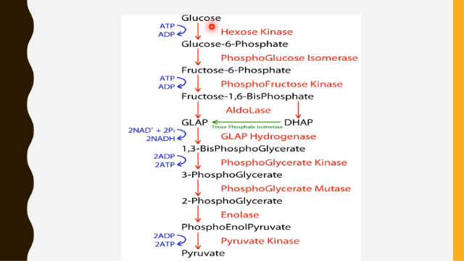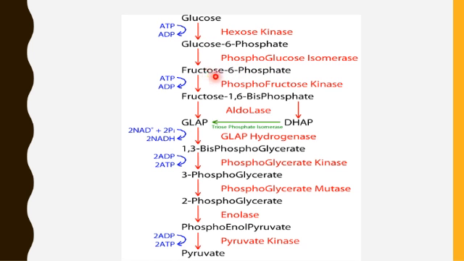Here the phosphate is given by ATP, which means utilization of energy takes place. Next, glucose 6-phosphate is converted into fructose 6-phosphate in the presence of the enzyme phosphoglucose isomerase. Glucose and fructose have the same molecular formula but different structural formula, meaning they are isomers of each other.